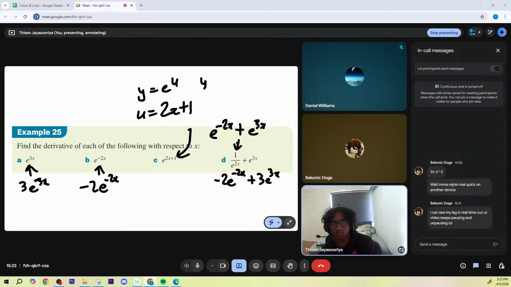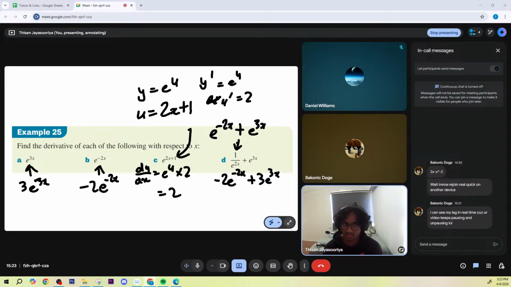Here dy/du is equal to e to the u, and u dash is equal to 2. So dy/dx is e to the u times 2. We replace the u and we get 2e to the power of 2x plus 1. Does that make sense?